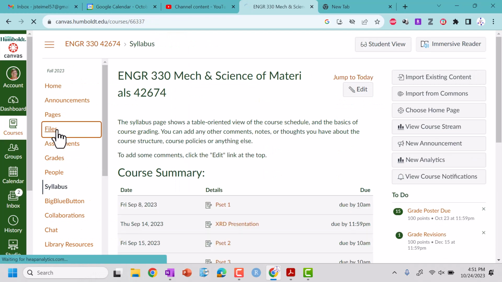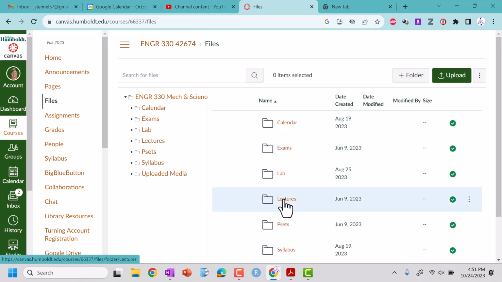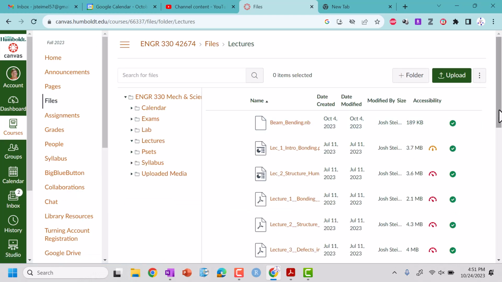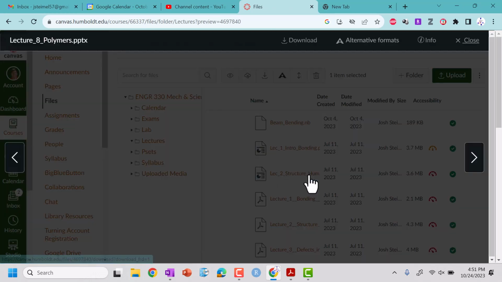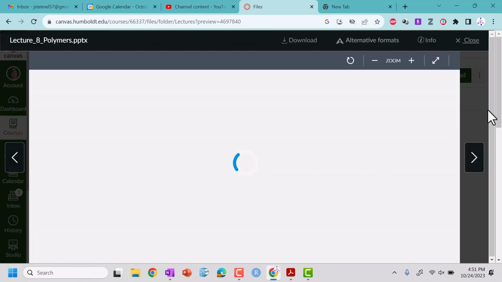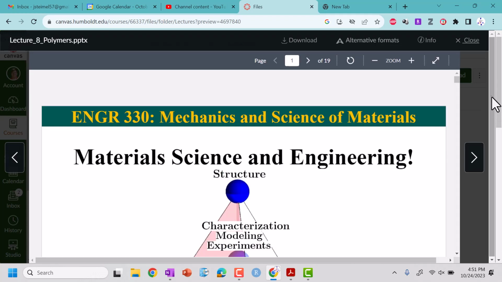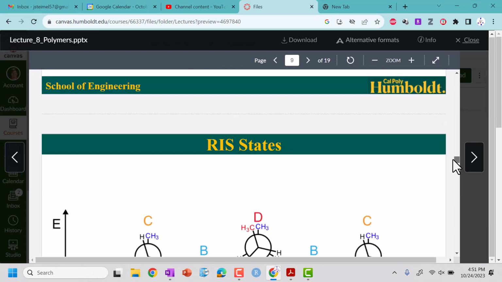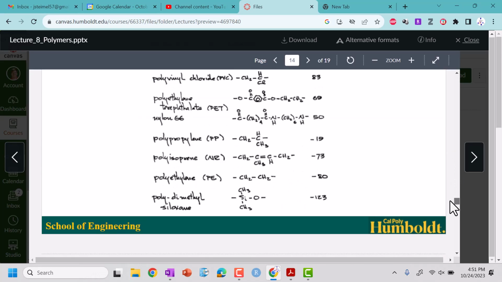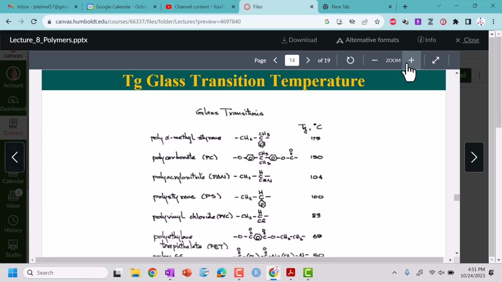Let's look at files, let's look at polymers. Excellent. We'll look at our slides here. I'm going to download this, and we can look at it together.